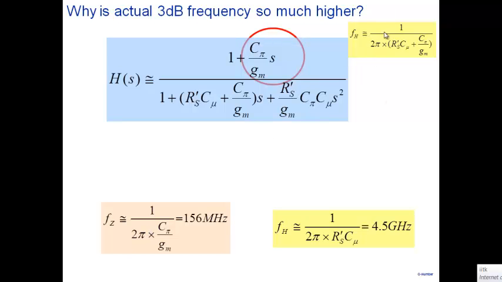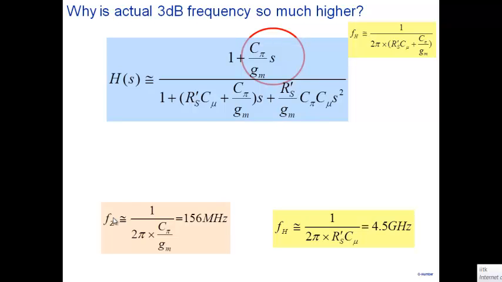And if you look at the value of the first pole, the dominant pole, look at the expression here: Rs dash C mu plus C pi by gm. In this, we have already seen that C pi is a very large quantity compared to C mu. So many times, FH is dominated by C pi by gm. The first dominant pole is dominated by C pi by gm.